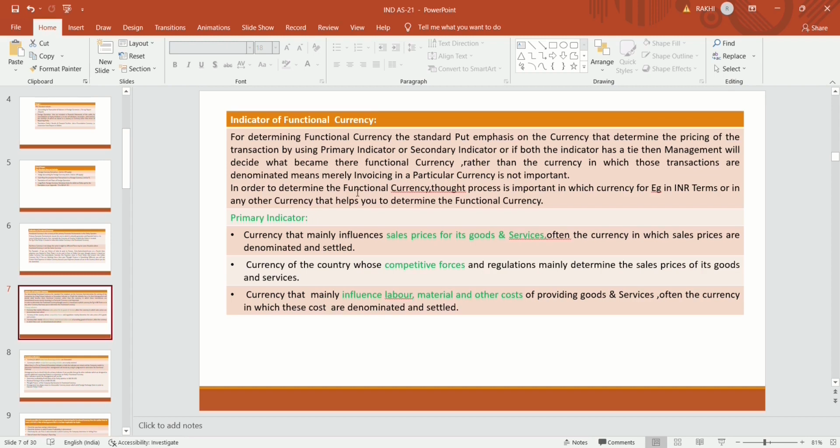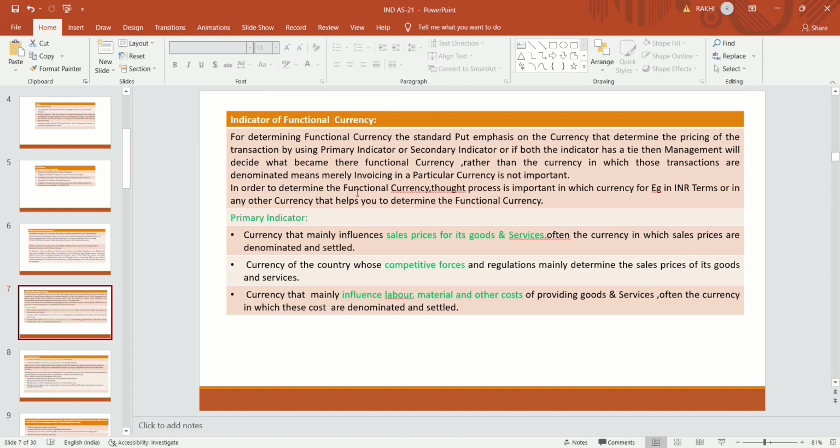There is a primary indicator and a secondary indicator, and if both indicators clash, then management will take the decision on which currency they will take into consideration for their financial statements. So let's start with the indicators: how we will determine the functional currency, which are the rules of this standard to determine the functional currency.